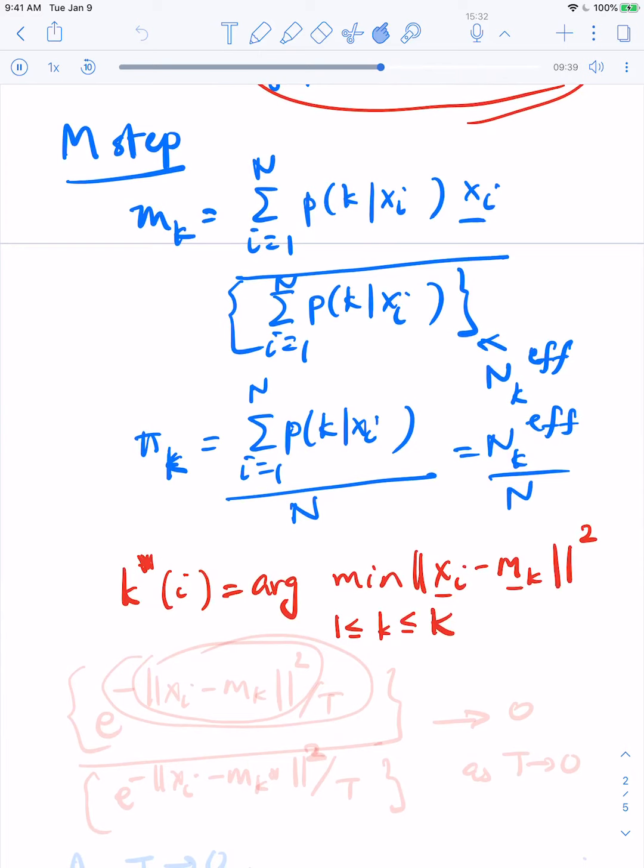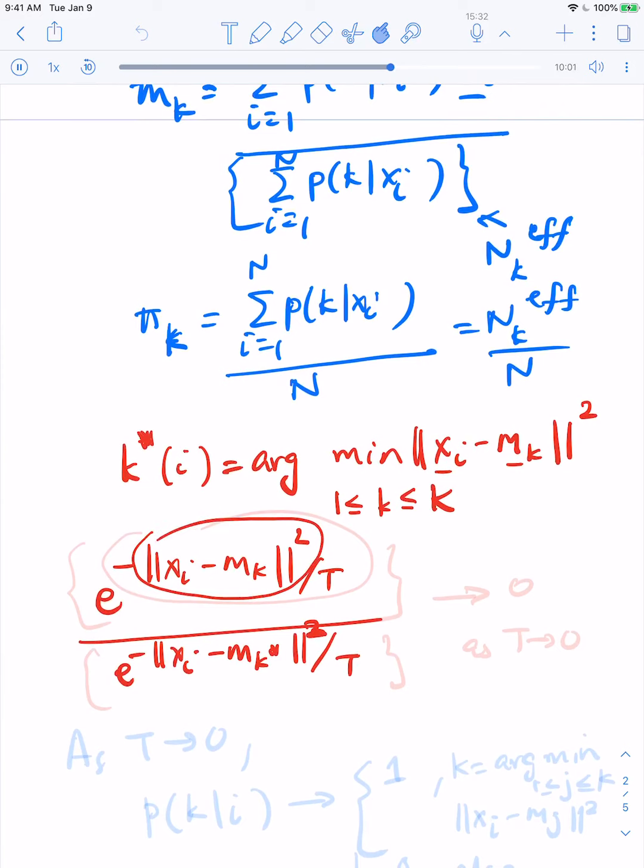And then if I look at e to the minus xi minus mk squared over t divided by e to the minus xi minus mk star squared over t, you can see that because this term is bigger for k different from k star, this exponential is going to 0 faster than the bottom term. So this basically goes to 0 as t goes to 0.